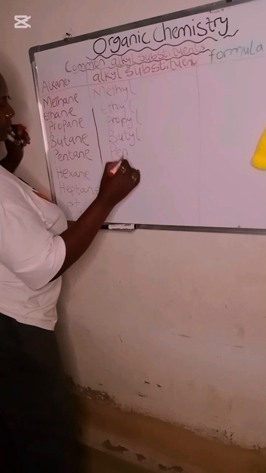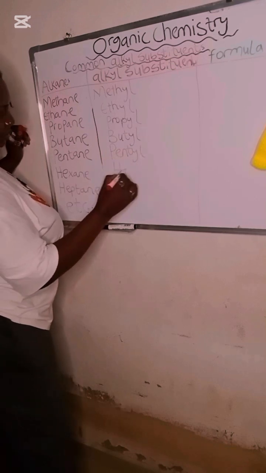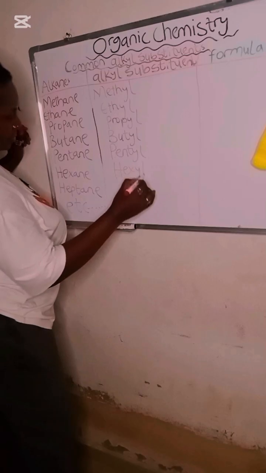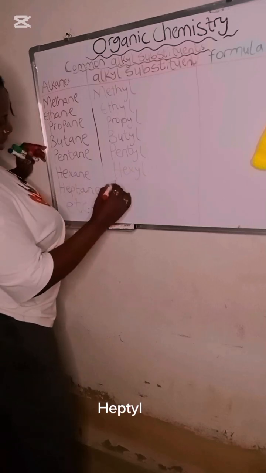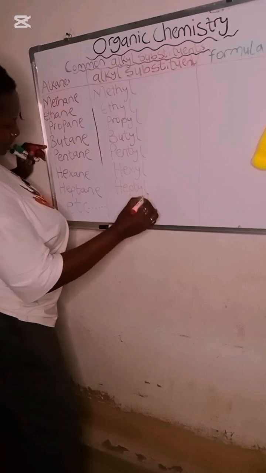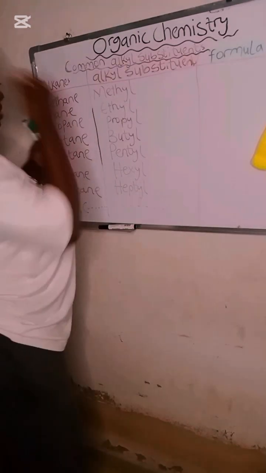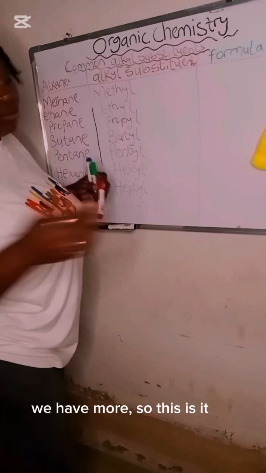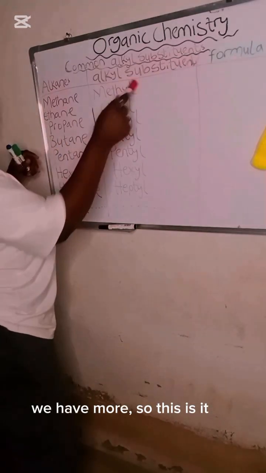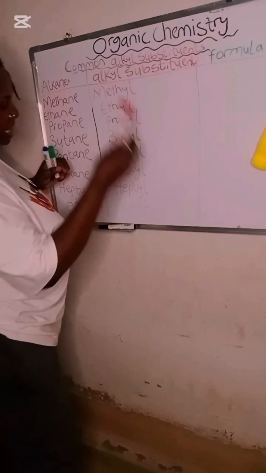Pentyl. Hexyl. Heptyl. Etc. So we have more. So this is it: the methyl, the ethyl, the propyl, butyl, pentyl, hexyl, and heptyl.